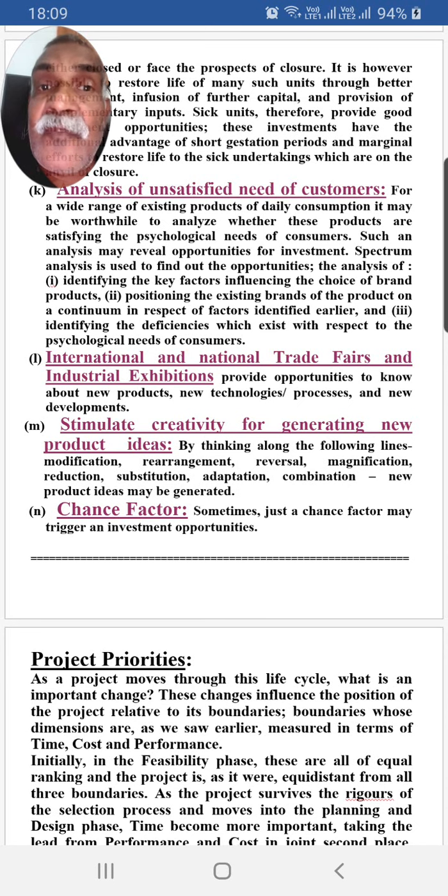The analysis involves identifying the key factors influencing the choice of brand products, positioning the existing brands of the product on a continuum in respect of factors identified earlier, and identifying the deficiencies which exist with respect to the psychological needs of consumers.